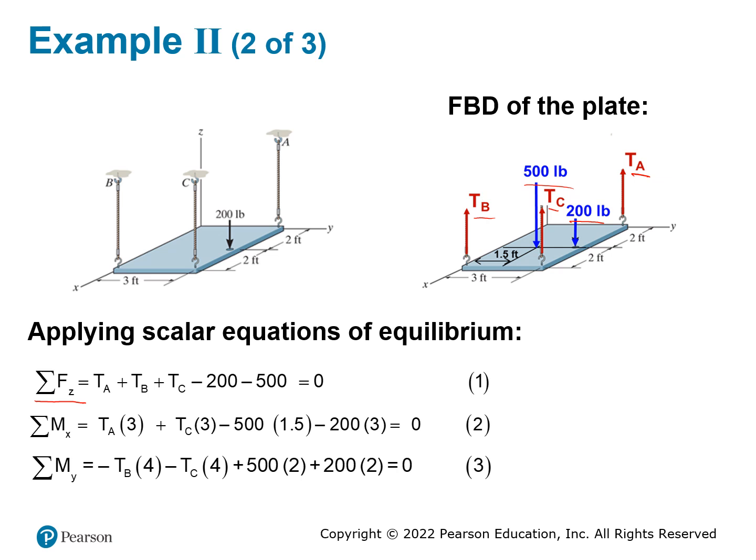So when you do the moment equation, you have to pick a reference point. You can say this is point A, this will be point C, and this is point B. If you pick point B to find the net moment, you don't need to consider this force because this force goes through the reference point.